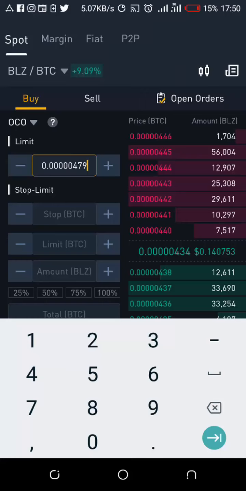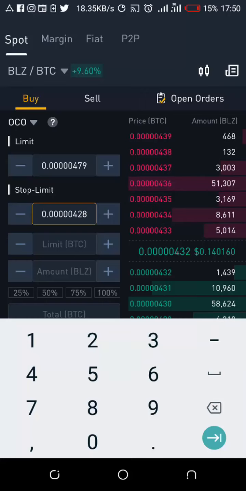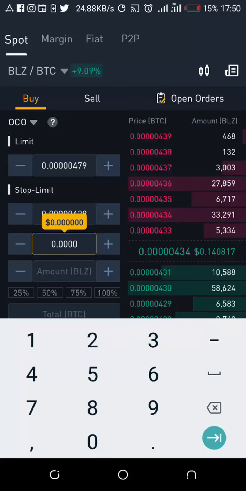Then we say, if the price comes below this 428. Now if you are watching this, most of the times we make the top price a little bit higher than the limit price.